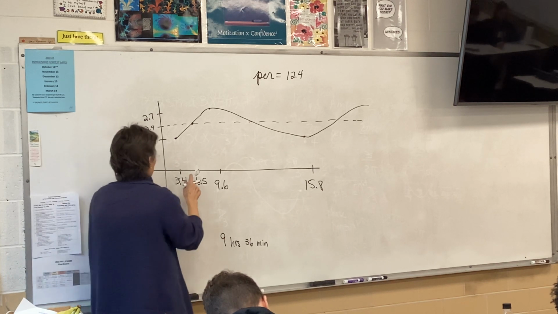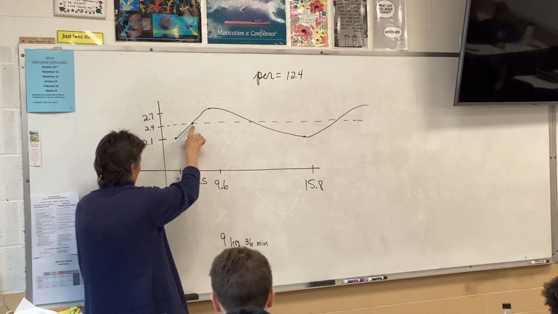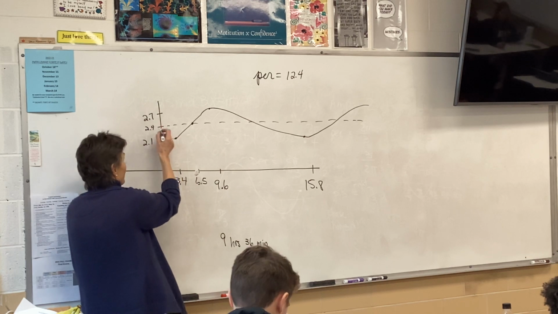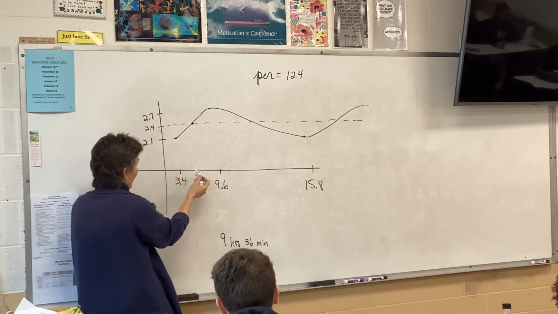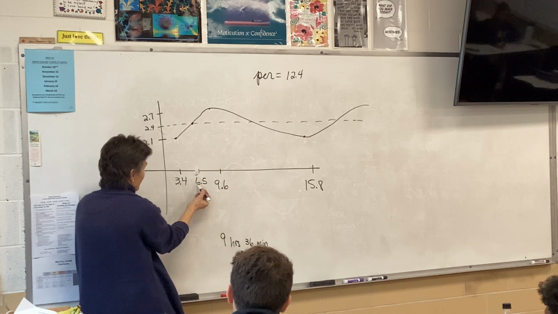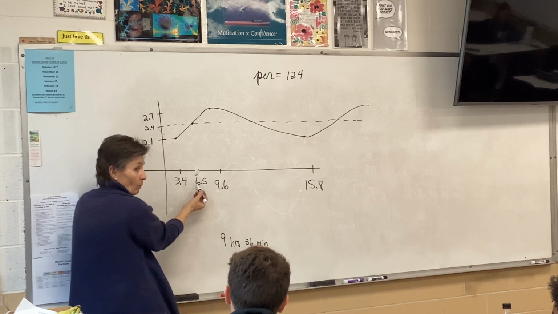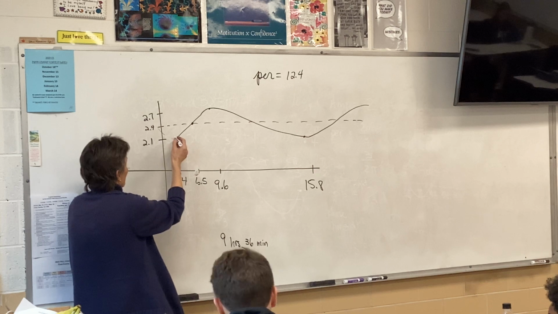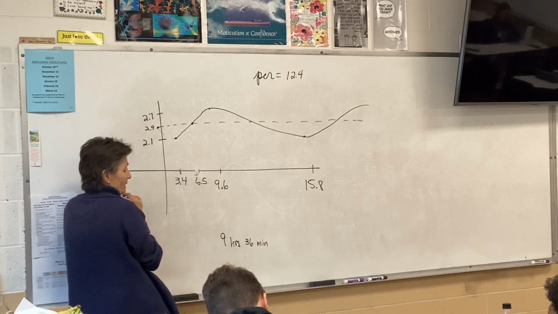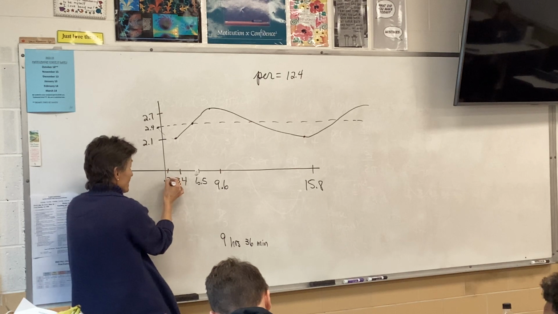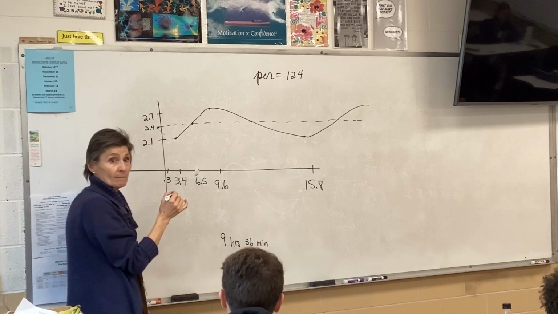Okay, so if I have one of those there, obviously I know I'm gonna have one back here somewhere. Where is it gonna be? Well, how far apart are these? 3.1. So where is the one back here going to be? At 0.3? Is my math right?